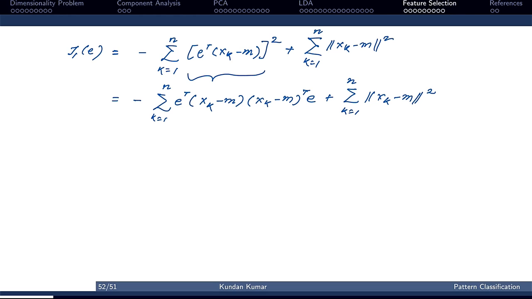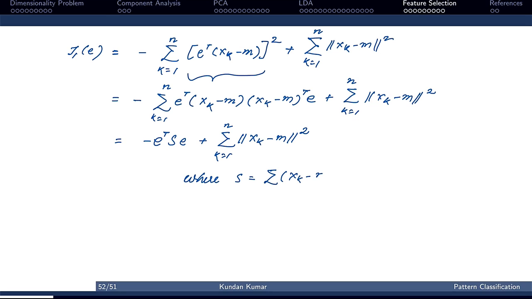So here we can write minus E transpose S E plus summation from k equal to 1 to n of xk minus m square, where S is summation over xk minus m times xk minus m transpose, k equal to 1 to n, and this is basically called the scatter matrix.